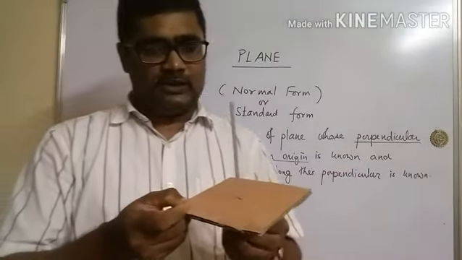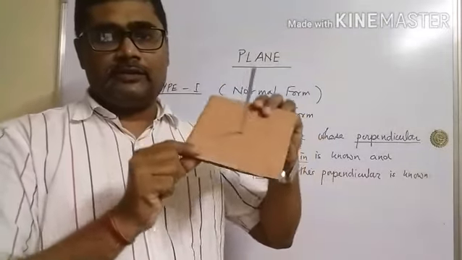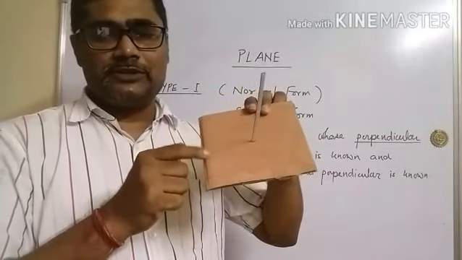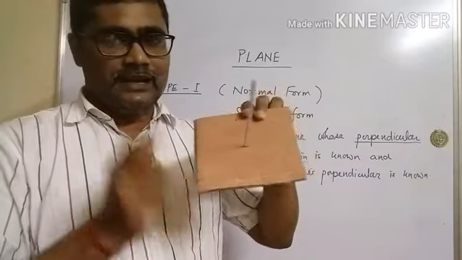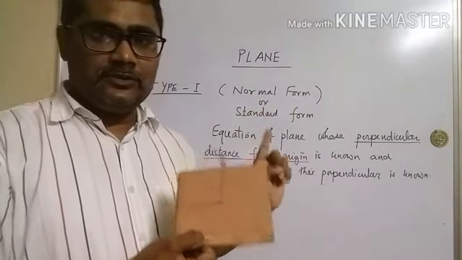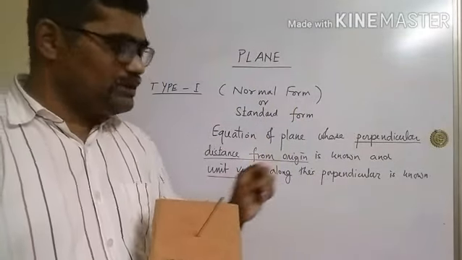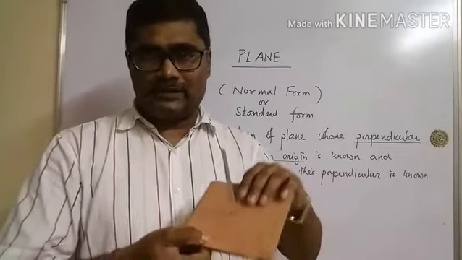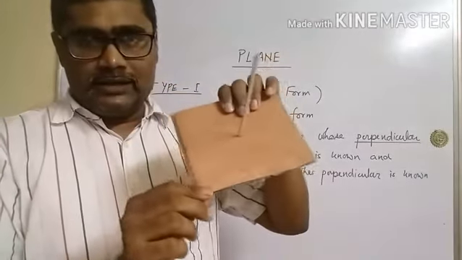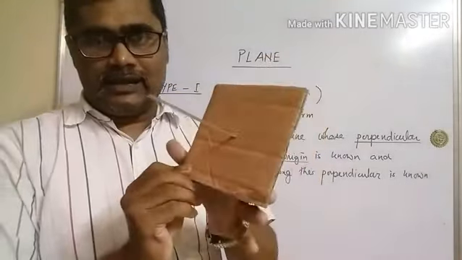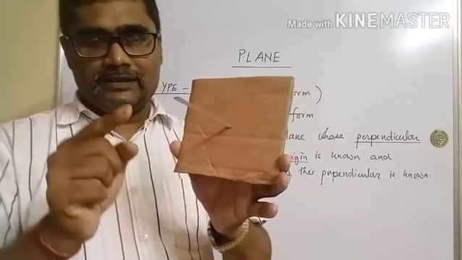Supposing that this is the plane whose equation I need. And then I need to know also what? Perpendicular distance from the origin. Right? I am holding it in an inclined position so that you can see it.